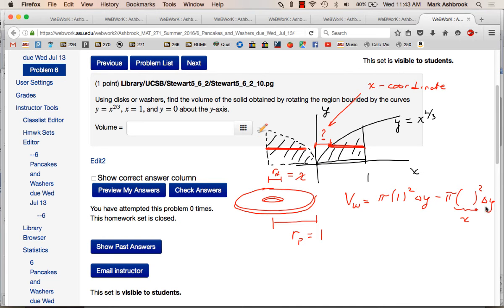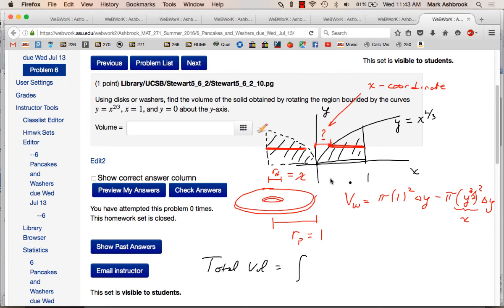So we need x now, we need it in terms of y. What is that? X to the 3/2, y to the 3/2? Yeah. So x is y to the 3/2, and then we're going to square that as the radius, okay? So total volume is integral from what to what?